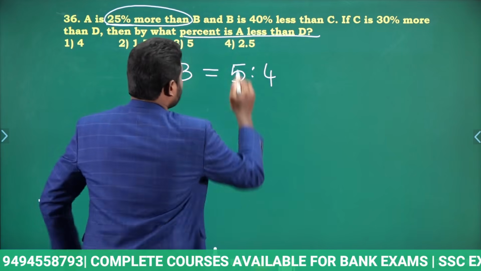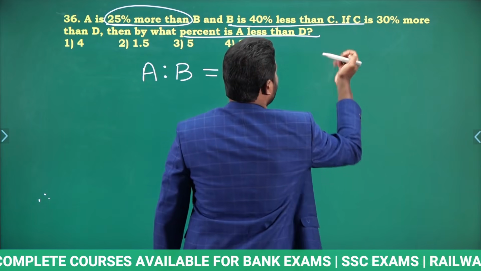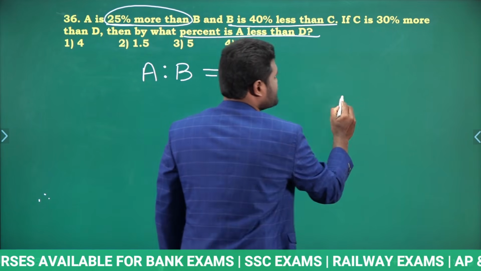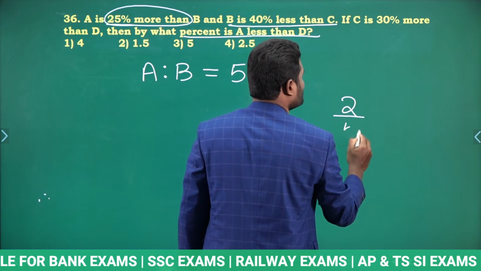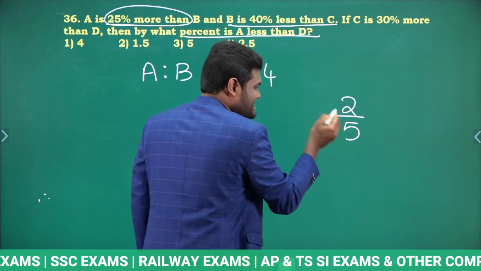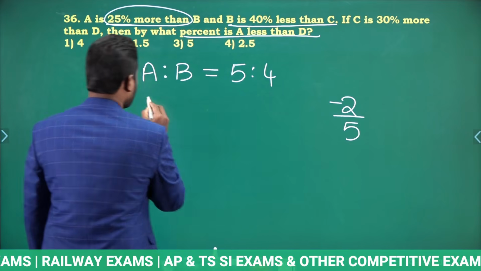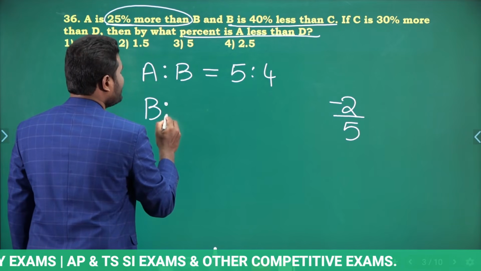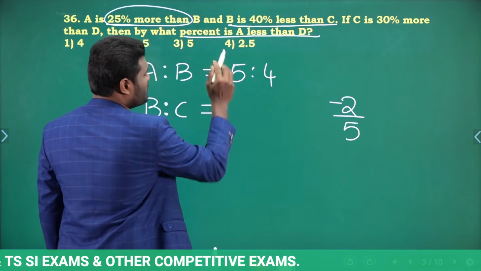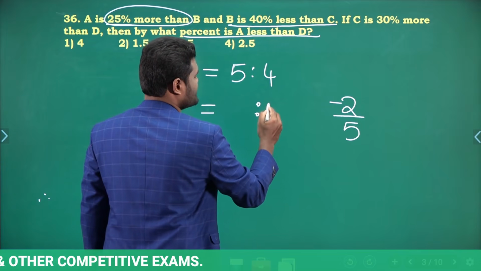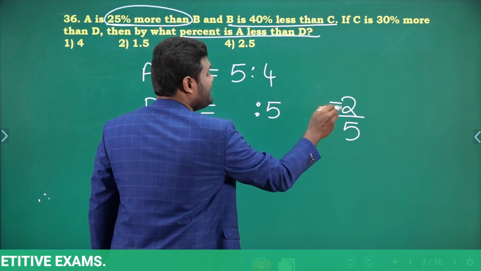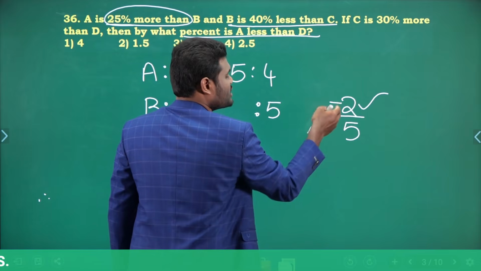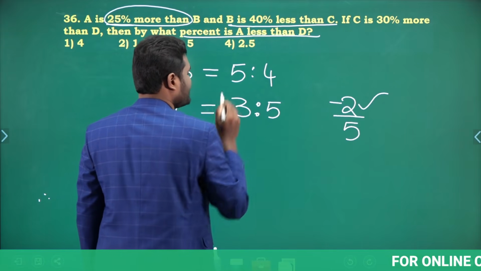Next, similarly, B is 40% less than C. 40% in terms of fraction is 2 by 5. As it is less, it should be minus. Now, B is less than C. If C is 5, B should be 40% less, so 5 minus 2, it is going to be 3.